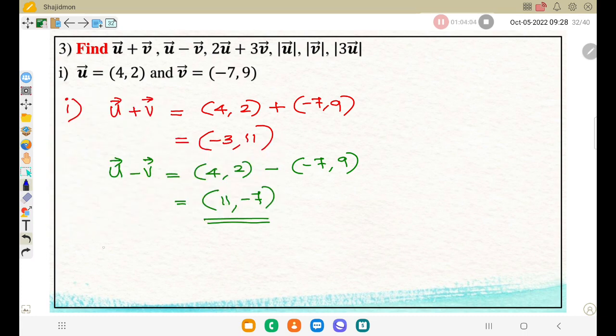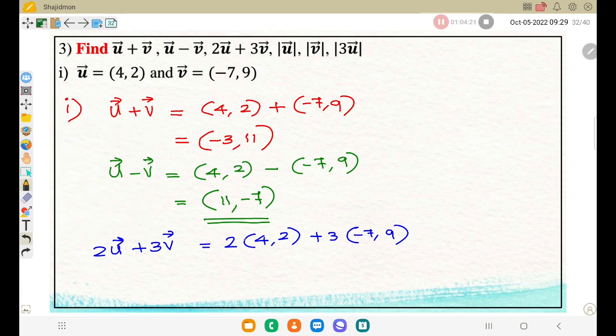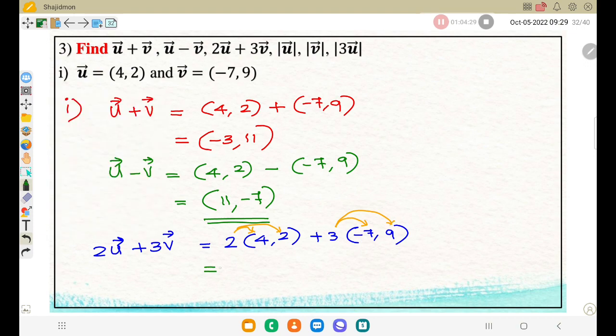We can do 2 times vector u plus 3 times vector v. That means 2 times vector u, 4, 2, plus 3 times vector v, minus 7, 9. You know how to multiply that one, correct? Multiply here, same multiply here. So what we are getting equals 2 multiply 4, 8. 2 multiply 2, 4.